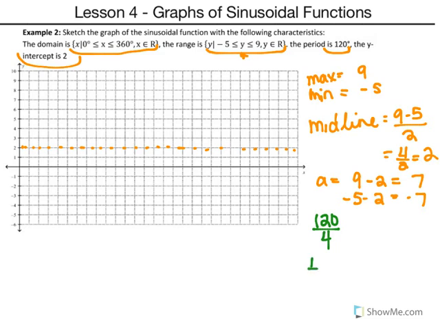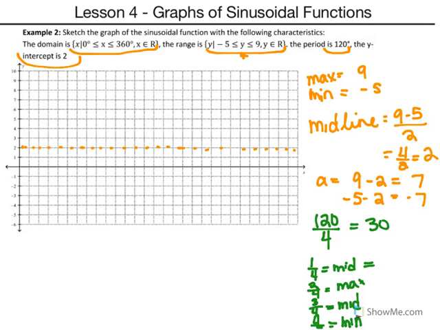So the first quarter will be at the midline, the second quarter will be at the max, the third quarter will be at the midline, and then the last quarter will be at the minimum. So we're going to find each of those points. So if you take 120 and divide it by 4, you get 30. So our first midline will be at 30 degrees.